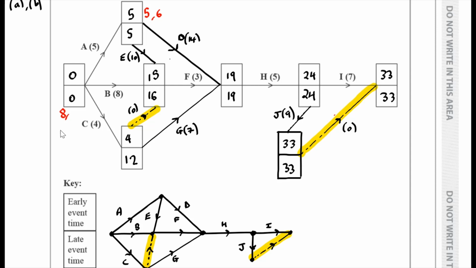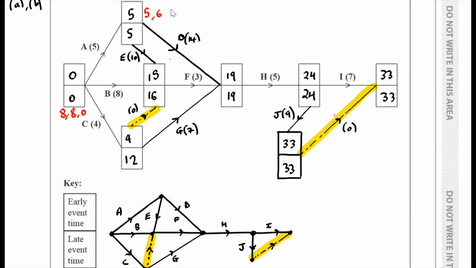Okay, so where did this 8 come from again? 16 take away 8, and then we're comparing that with the 12 take away 4, which is 8, and then we have 5 take away 5, which is 0. So we choose the 0, which is the smallest one.